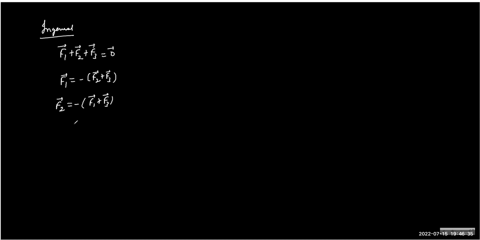So we can say in general, if the sum of three vectors is a null vector, then F1 we can write as minus of the other two, but you can also write F2 as minus of 1 and 3, guys, and F3 we could write as minus of the other two.